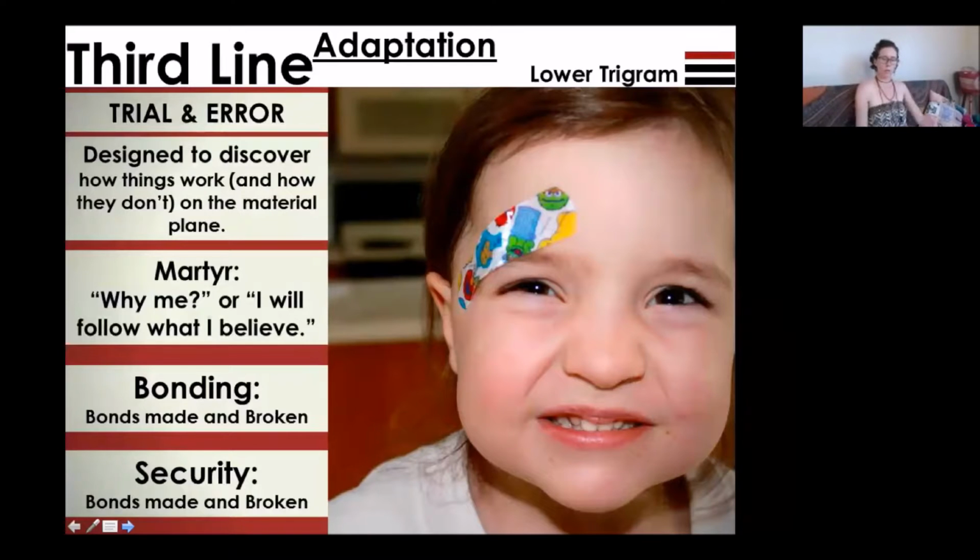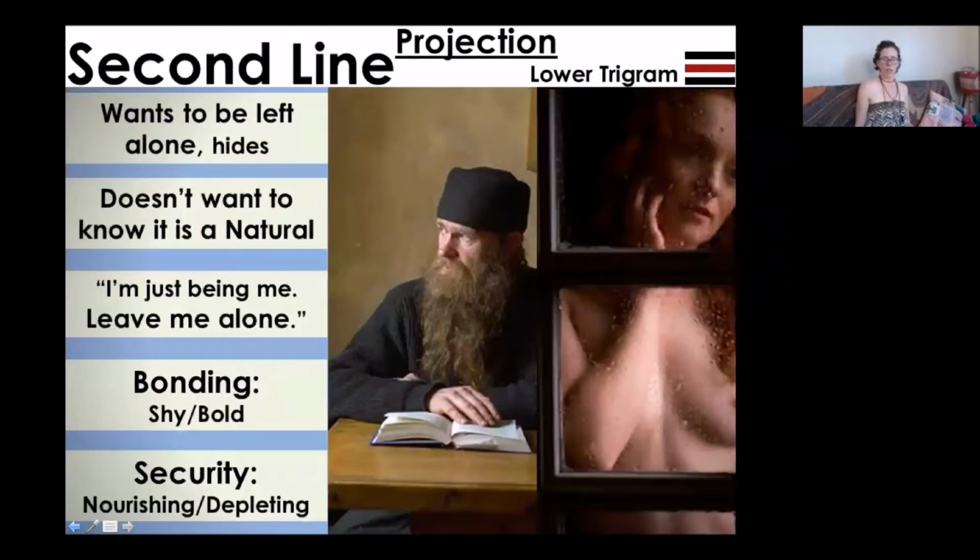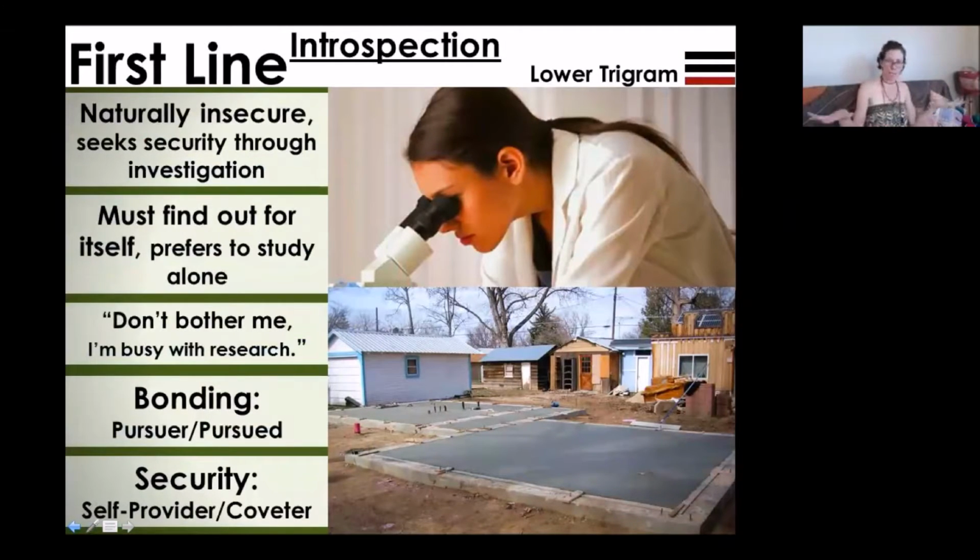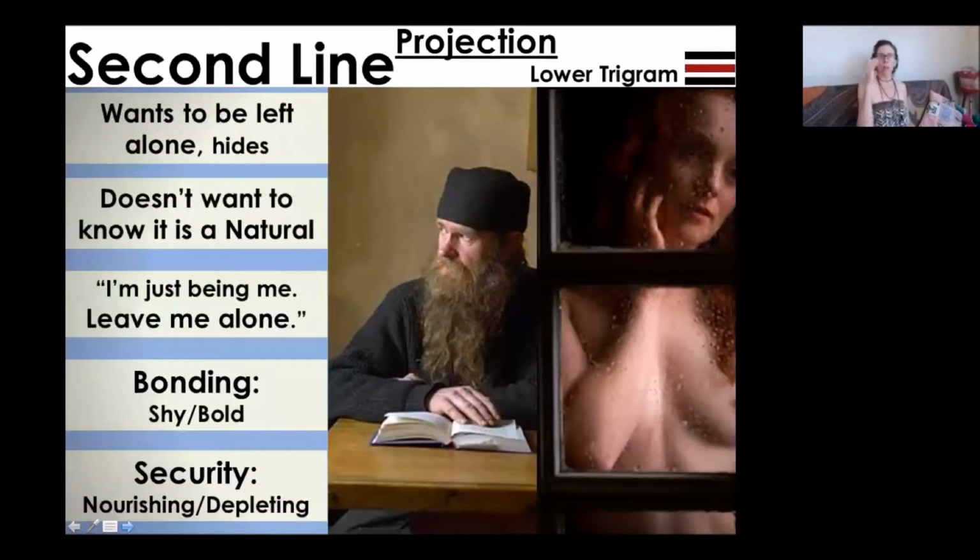So those are the first 3 lines. So we have the investigator, who's figuring out the foundation on the information level of what they can really trust or not. The hermit, who in a way is also investigating.